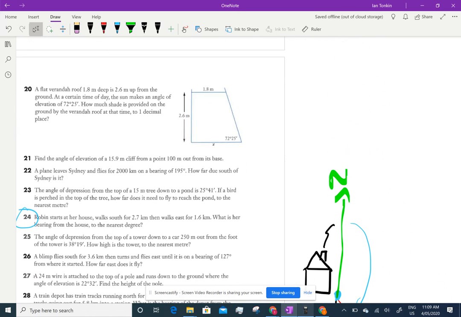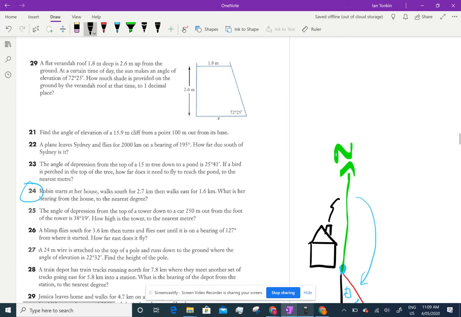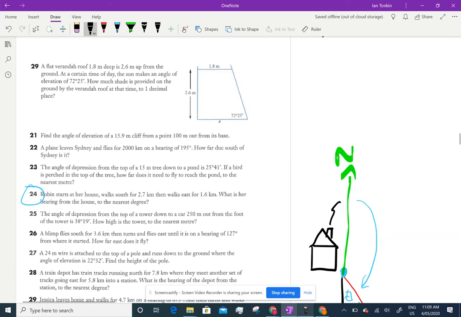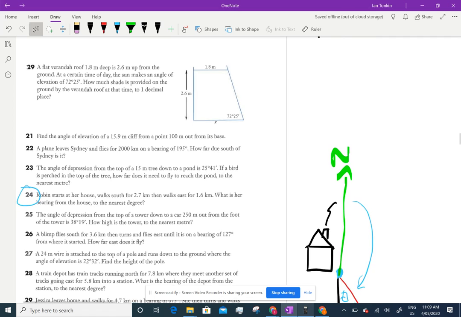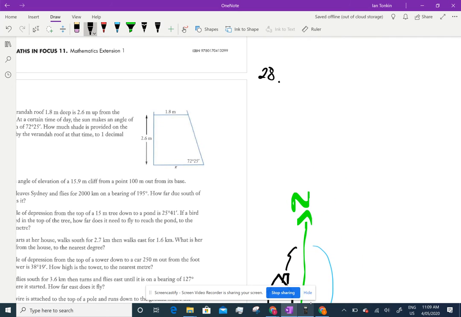So here's question 28. A train depot has tracks running 7.8 kilometres north and then east. So here's my depot, and these tracks run north, and then another set of tracks go east.